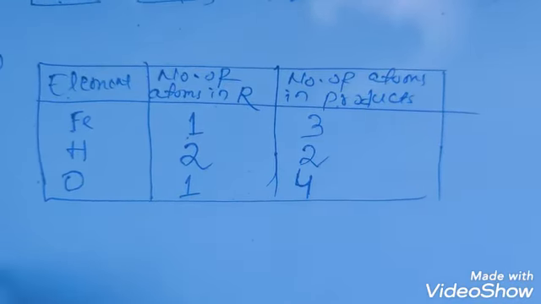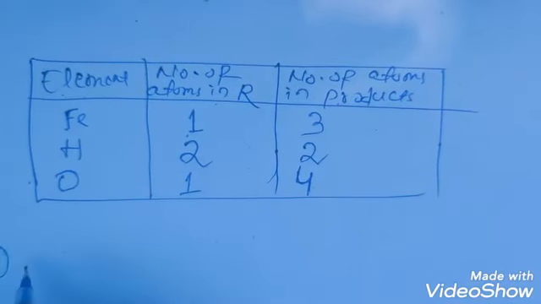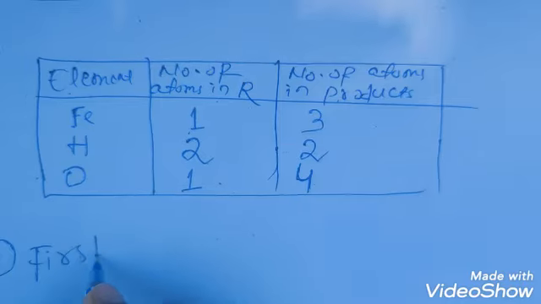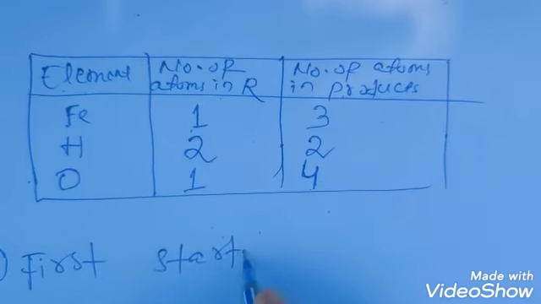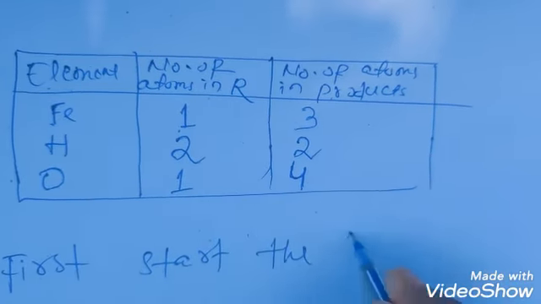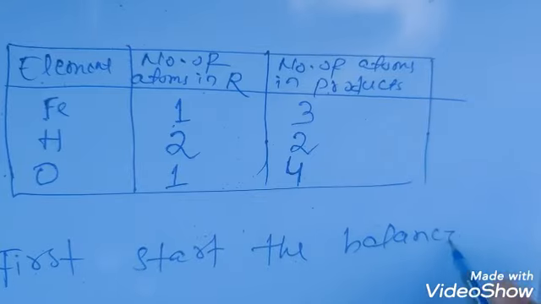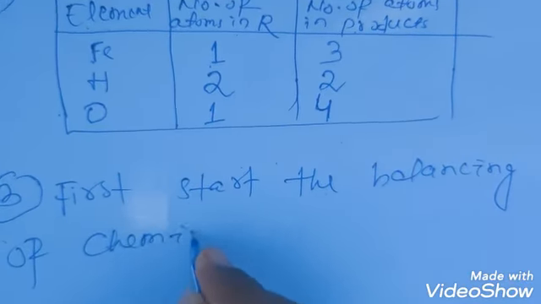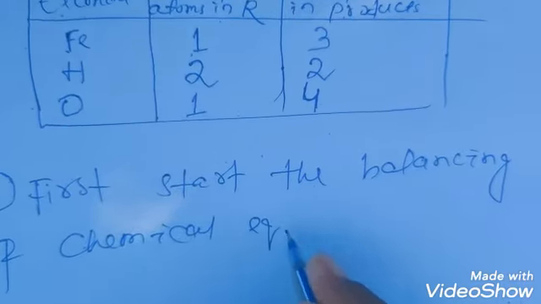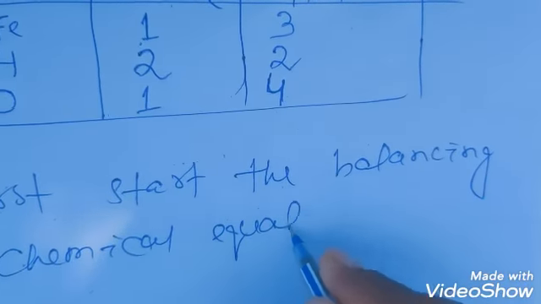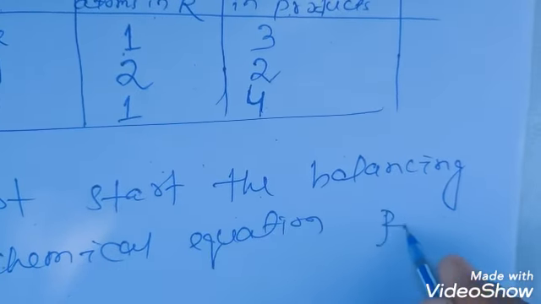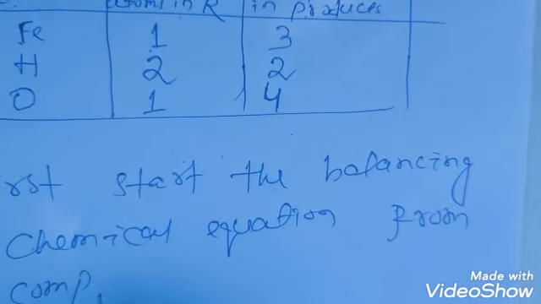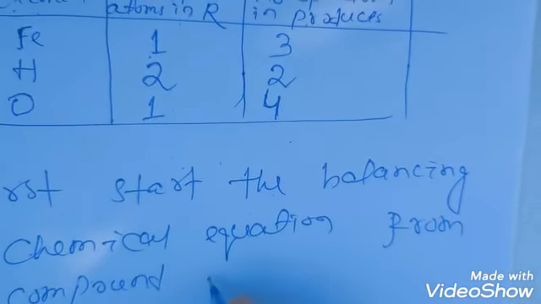Then the third step is to start the balancing of the chemical equation from the compound that contains the maximum number of atoms.